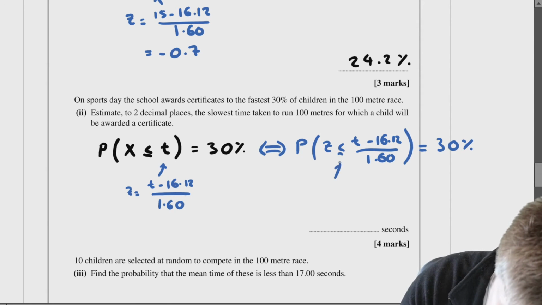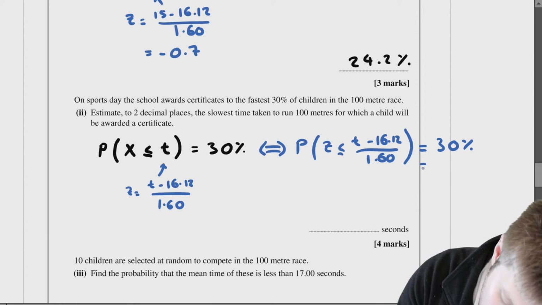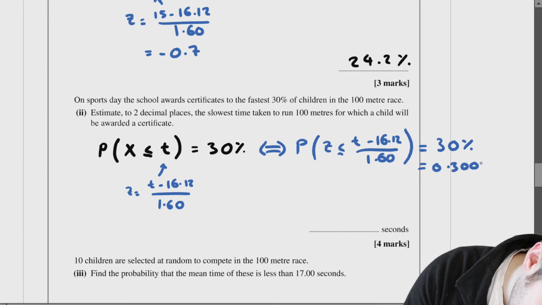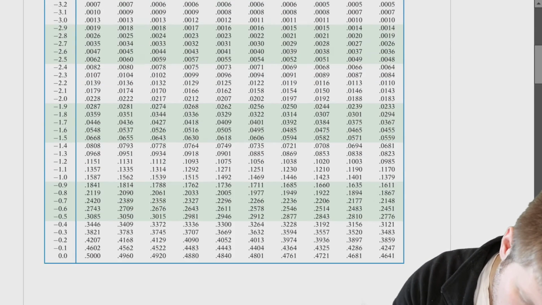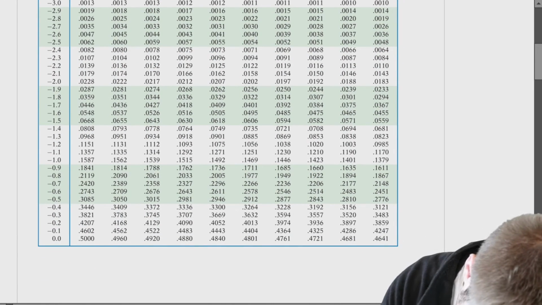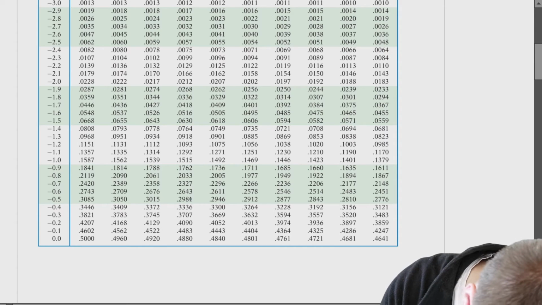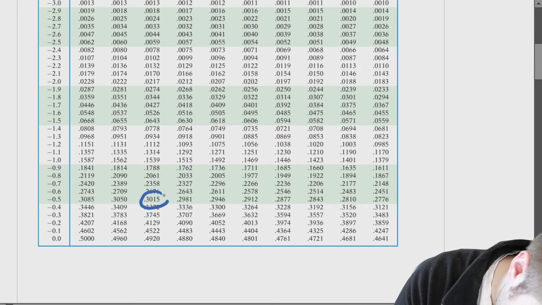Well, it's a less than situation, less than or equal to. So if I can just jump into my tables and look up the value of 0.3000. Okay, let's have a look. So I'm looking for as close as possible to 0.3000. That's going to be somewhere in there. I think that value just pips it to the post, okay?